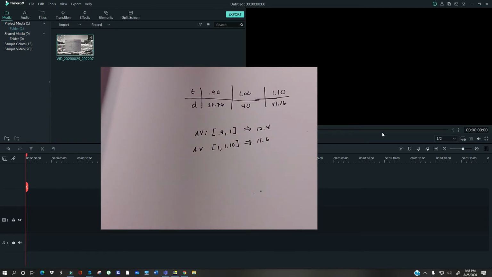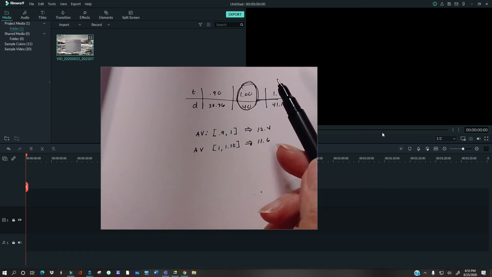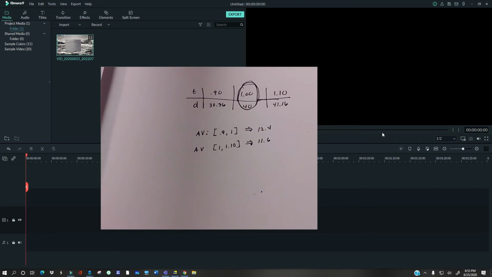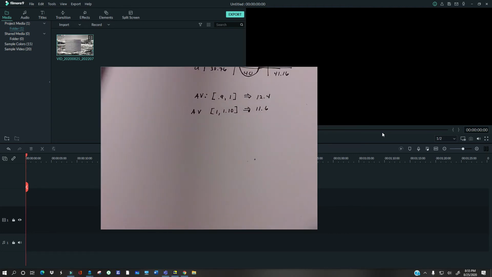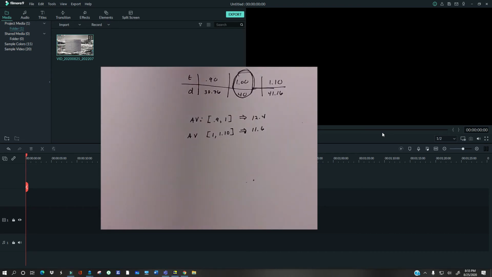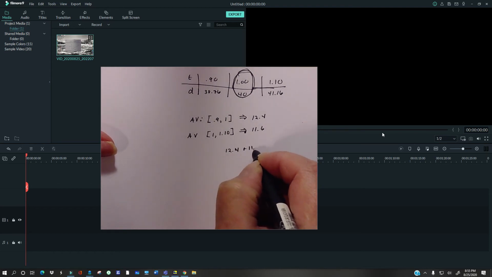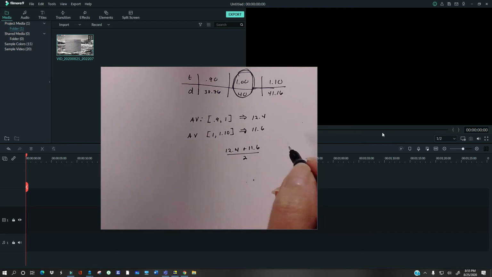So if we want to approximate the instantaneous velocity at this instant when x or t is equal to 1, then all we have to do is add this left and right secant slope together and divide by 2. So let's do it. 12.4 plus 11.6 divided by 2, right?